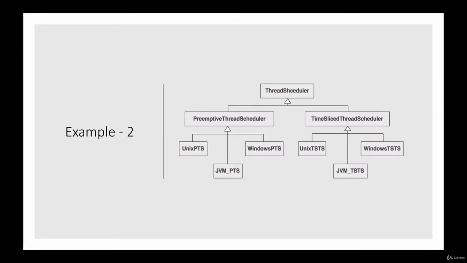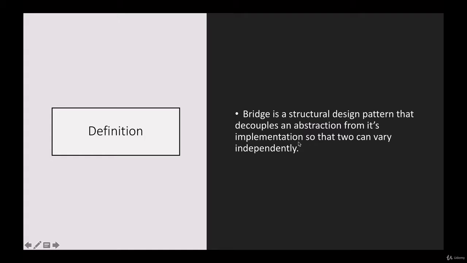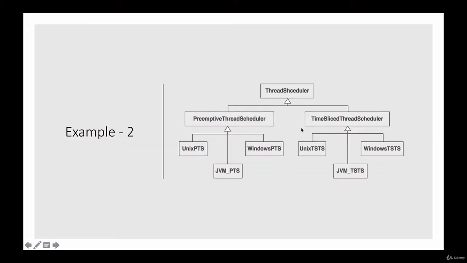So in this UML diagram, as we discussed in the definition, what we are trying to do is abstract the behavior for the thread scheduler. But what we see here is that the implementation for the thread scheduler is dependent on the platform itself, which can vary.